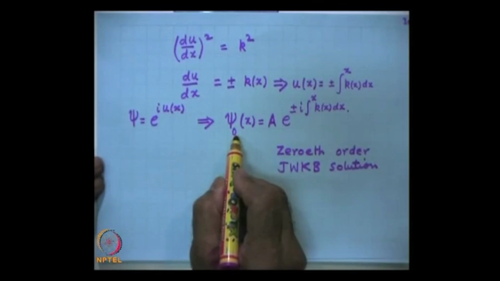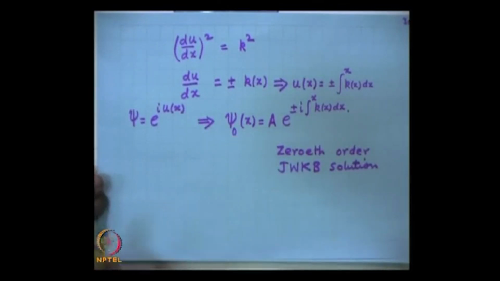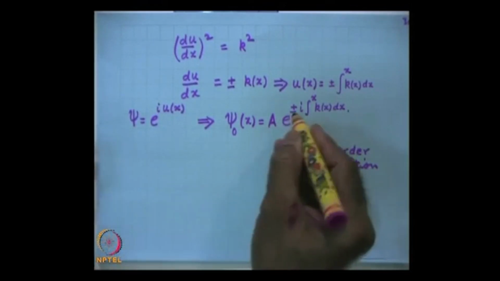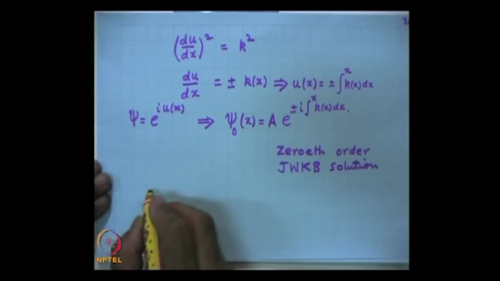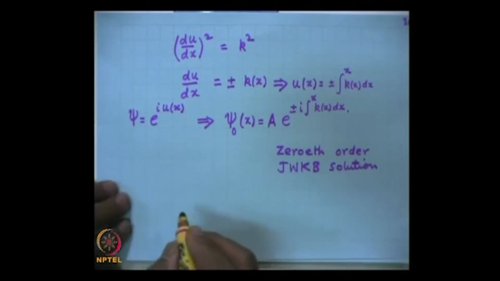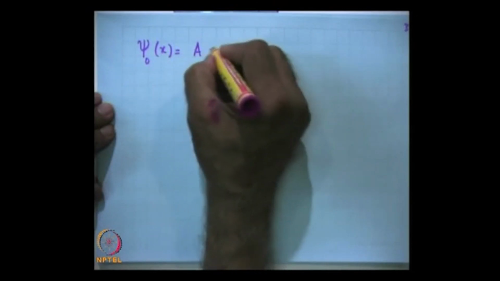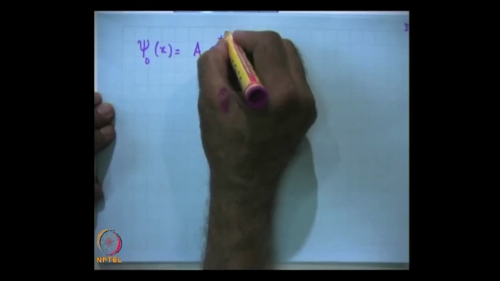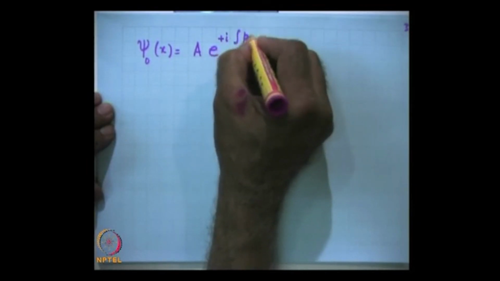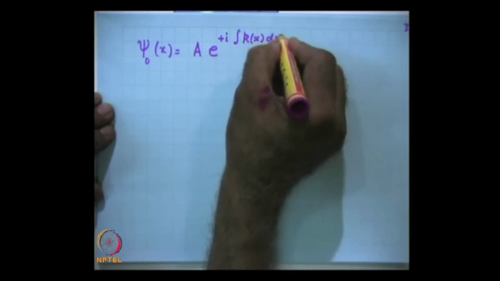Now, let me find out what is the equation that psi 0 satisfies. So, let me differentiate this. Let me just take the plus sign. So if I take the plus sign, let me write it down again, that psi 0 of x is equal to, I can do it with the minus sign also, plus i integral k of x.